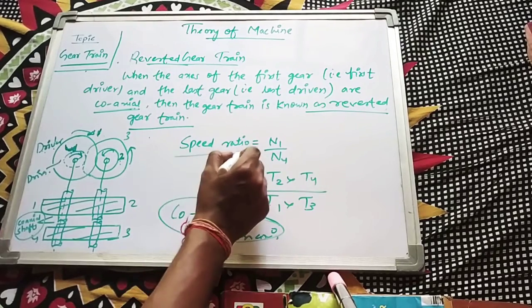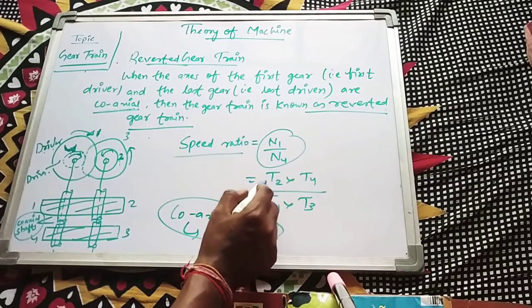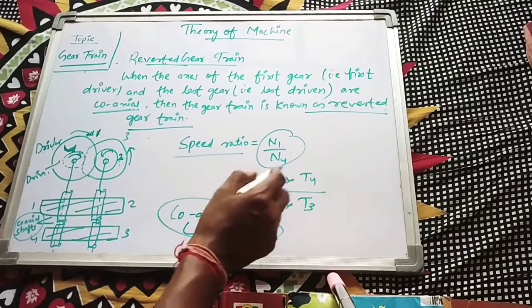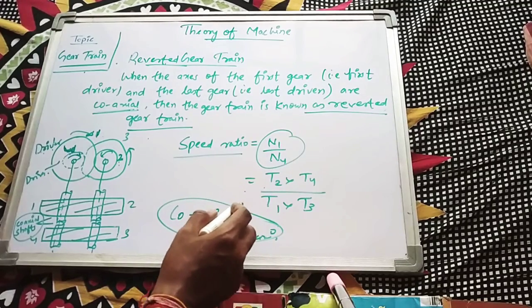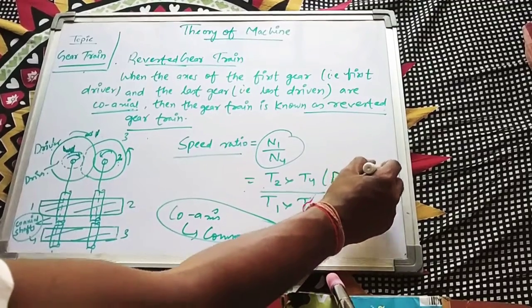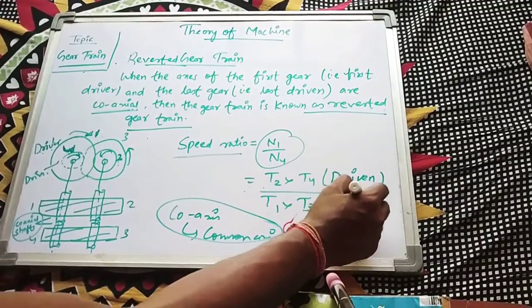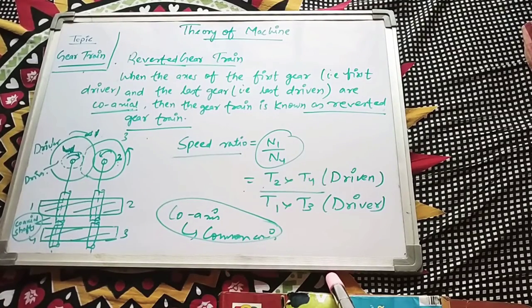The speed ratio will be calculated by the formula N1 by N4, which equals the ratio of the product of the number of teeth of the driven pulleys to the product of the number of teeth of the driver pulleys. So T2 into T4 by T1 into T3, and the speed ratio is given by the formula N1 by N4 equals T2 into T4 by T1 into T3.